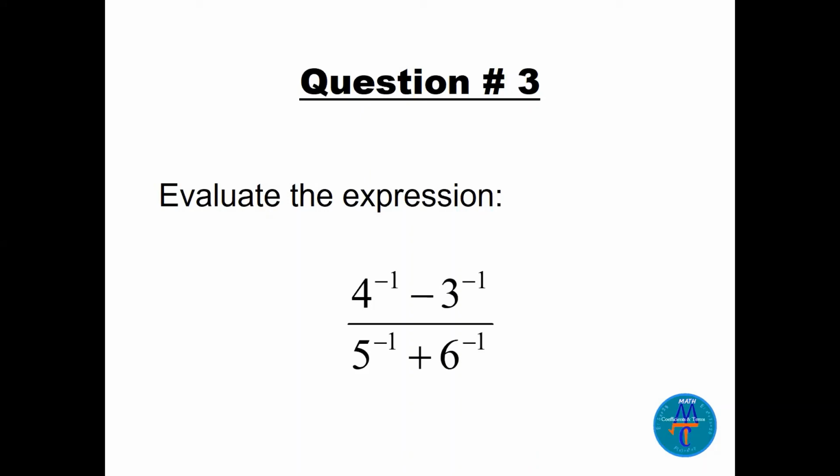Find the value, one number. 4 to the power minus 1, minus 3 to the power minus 1, over 5 to the power minus 1, plus 6 to the power minus 1. In each place, each location of these numbers, you have to put 1 over 4, 1 over 3, 1 over 5, 1 over 6. Then you add and subtract fractions because we have addition and subtraction.